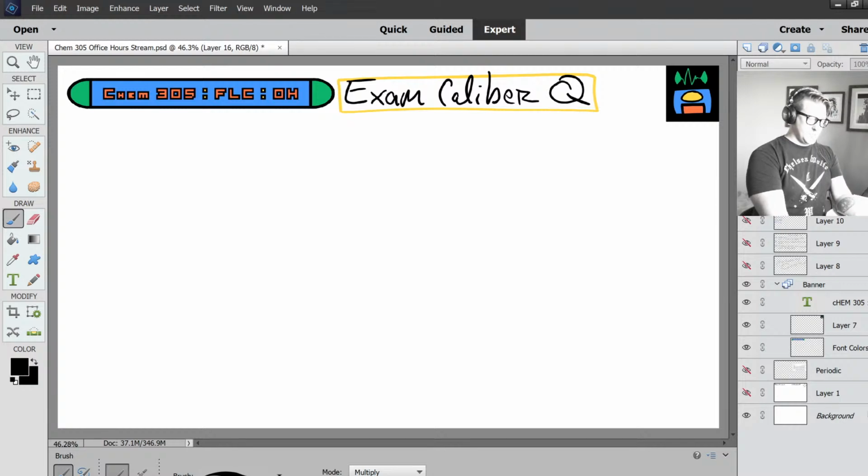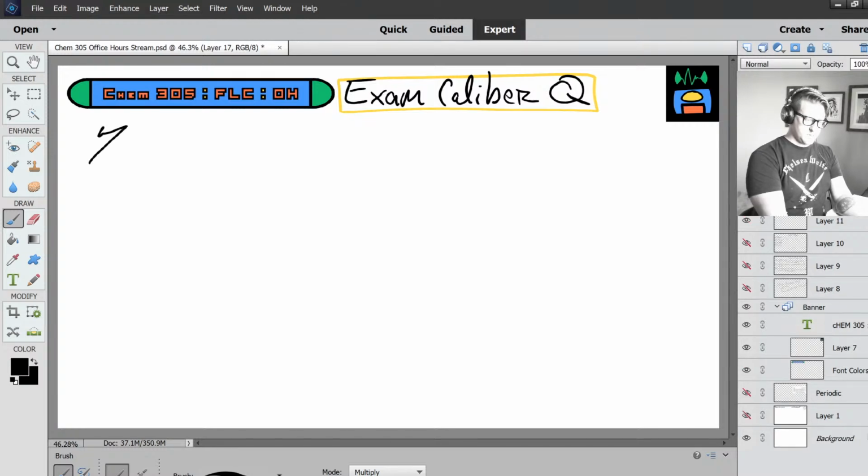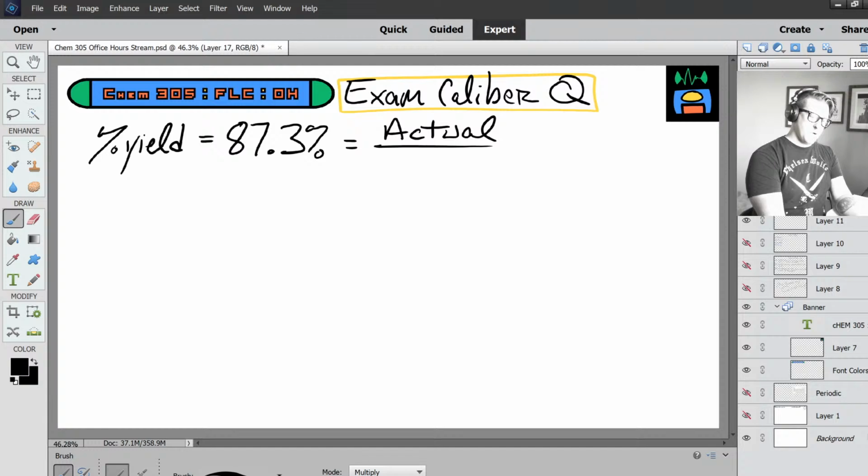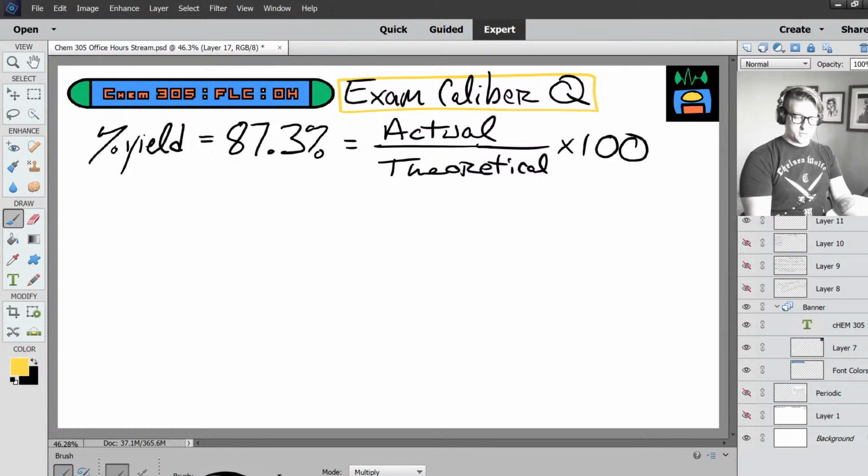We're told that our percent yield is 87.3%, and we know that percent yield is actual over theoretical times 100. We just found our theoretical yield, right, in the previous step. So we can solve for actual.